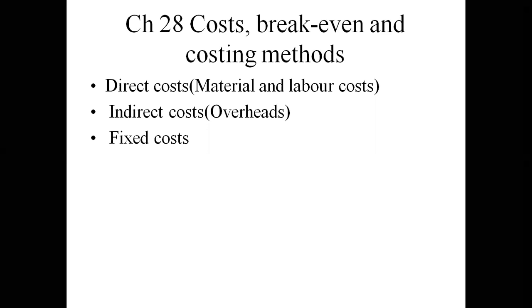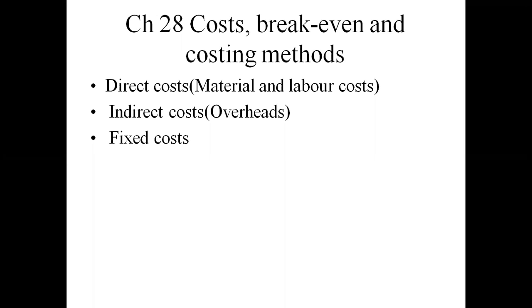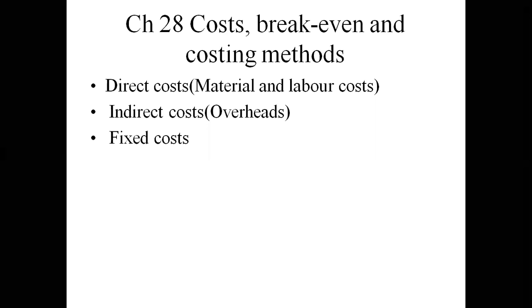But it can change if you increase the scale of output. Now, what does it mean when I say scale of output? When you increase the scale of production, that means you increase all your resources, like you increase more land, you increase labor, capital, enterprise. So you increase all factors of production, right?